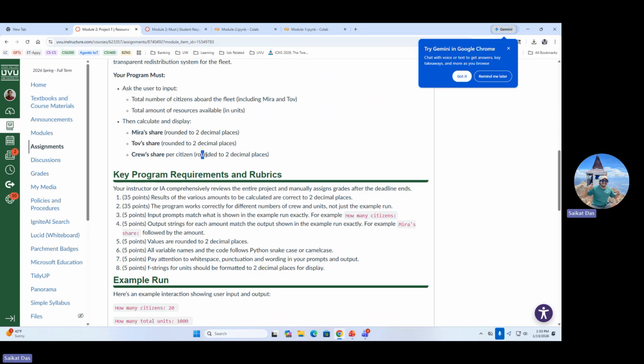Any question? Yes. Do we have to round it then, or can we do all the calculations and then round it when we do our output? No, whenever you're doing this calculation, at that place. So what are the values? 122.98, right? Then you use the round function here. Inside, you can put the whole calculation.